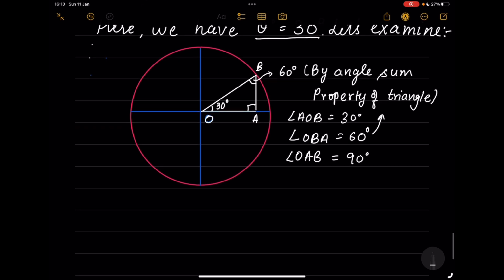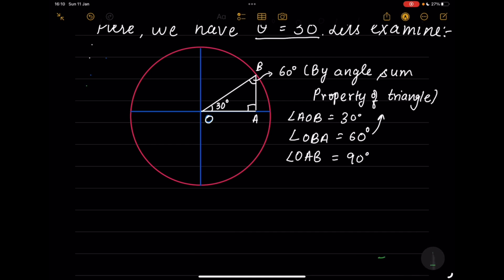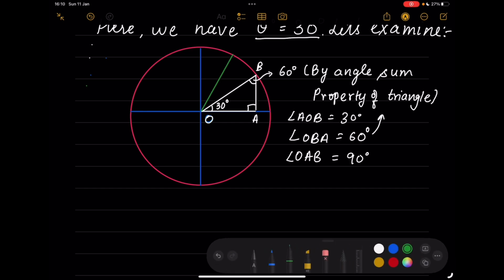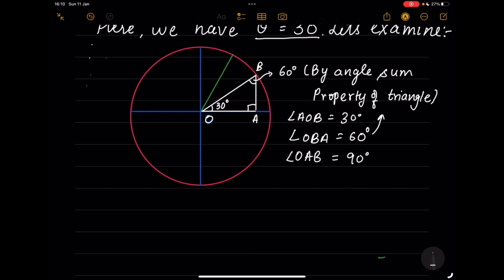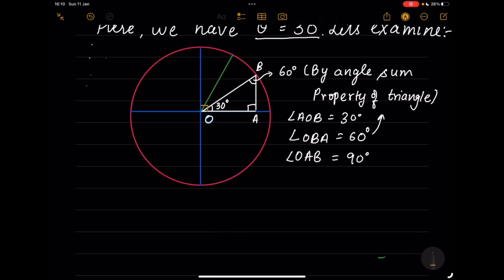Now we'll bring our focus back to the triangle which we have, and to find the value of sine 30 degree, cos 30 degree and tan 30 degree, we firstly, since we have a 90-degree angle here as well, let me just draw it for you. Let's take yellow. This angle is 90 degree. Now 90-degree angle can be written as 3 into 30 degree.